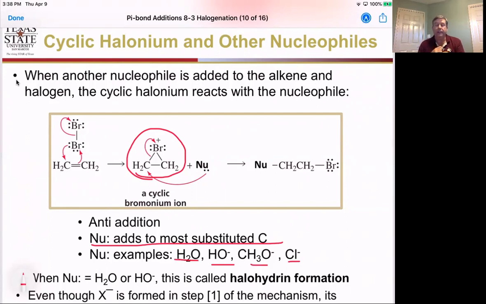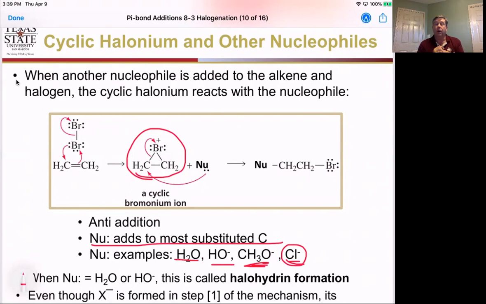If we attack it with water or a hydroxide, we end up with a halohydrin, meaning we have a halogen and an alcohol on that same product. If we attack it with an alkoxide, we end up with a haloether. And if we attack it with a different halide, we end up with a bromochloro compound.